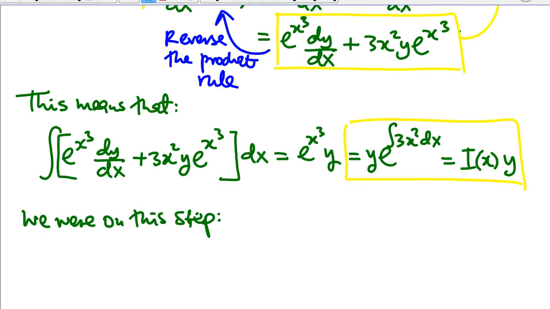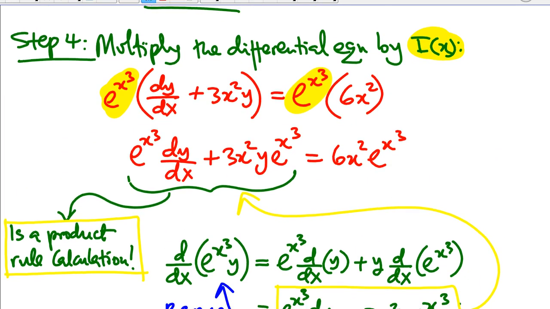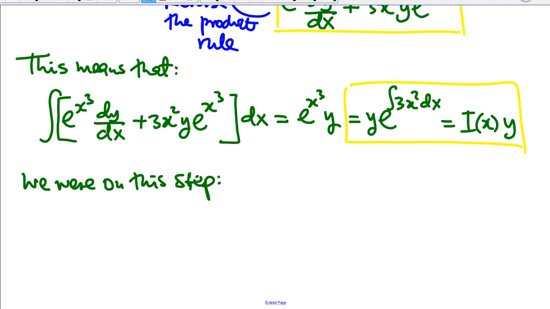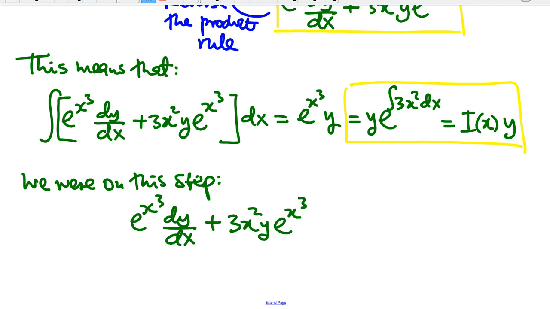So we had this product here. I'll just write it down here. e to power x cubed dy over dx plus 3x squared y e to power x cubed, and this was equal to 6x squared e to power x cubed.